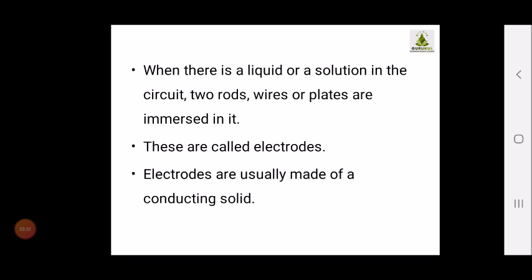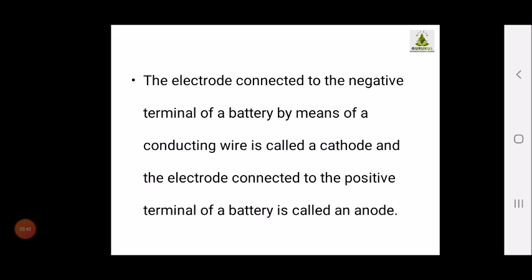So at the end you will come to know that the circuit is completed and the bulb glows, but it does not happen if the circuit is not complete. The positive terminal of the battery is called the anode and the negative terminal of the battery is called the cathode. So children, this was the introduction regarding the positive terminal and the negative terminal. The remaining we will continue in the upcoming videos.